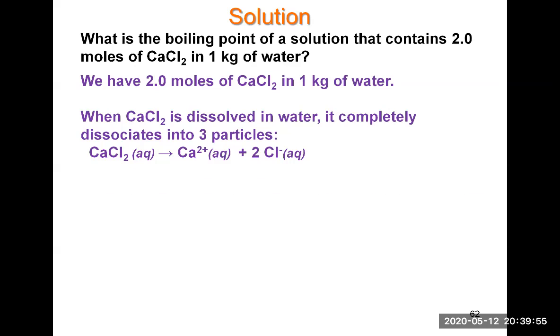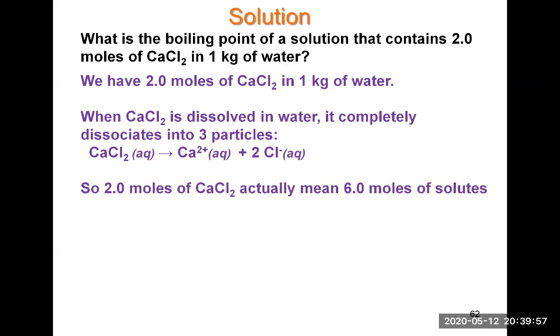So when you have 2 moles of CaCl2, it actually means that you have 6 moles of solute, because one formula unit of CaCl2 gives 3 particles. So you multiply the 2 moles by 3 particles, and it's 6 moles of solute that are actually in solution.